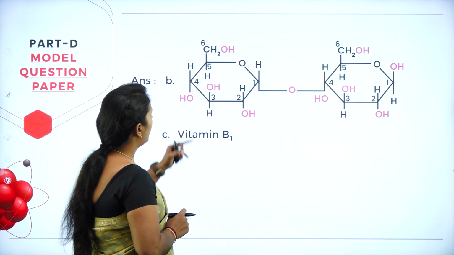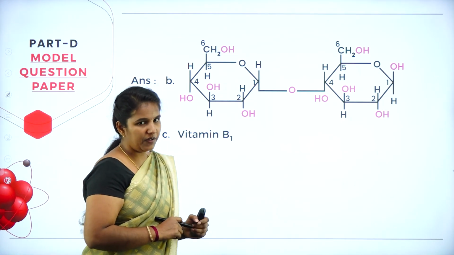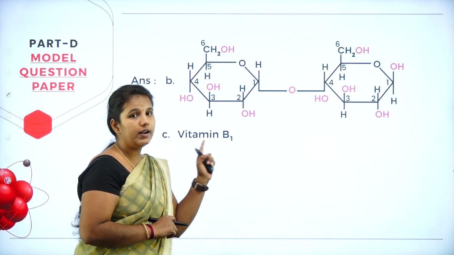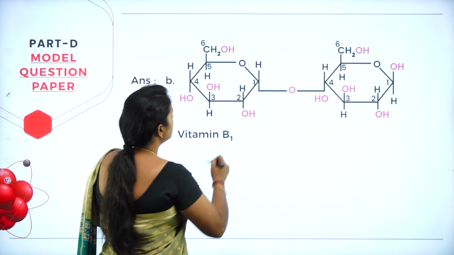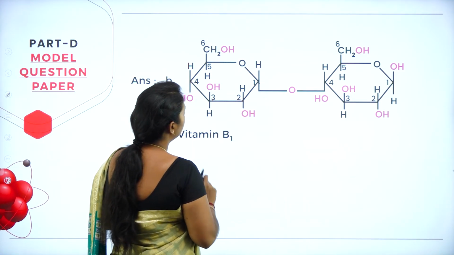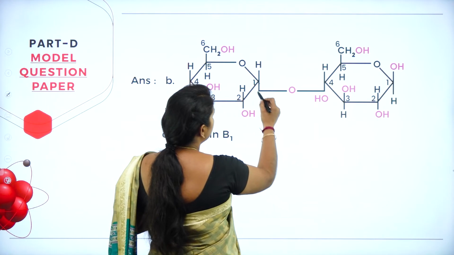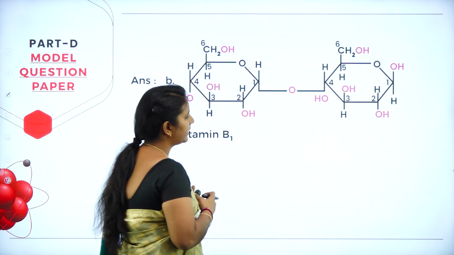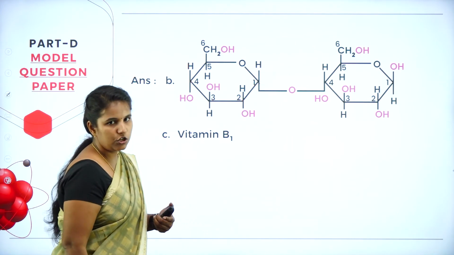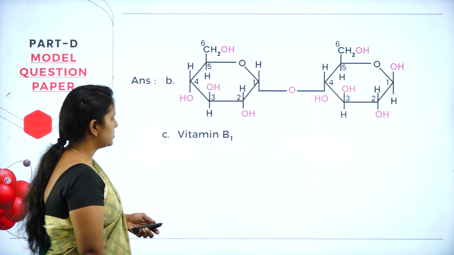Coming to the next question, we need to write the Haworth structure of alpha-D-maltose. So this is a Haworth structure where you are going to write the structure of alpha-D-maltose. This is the first carbon atom, second, third, fourth, and fifth. You can see that the first and the fourth carbon atoms are attached, and this is the Haworth structure of alpha-D-glucose.